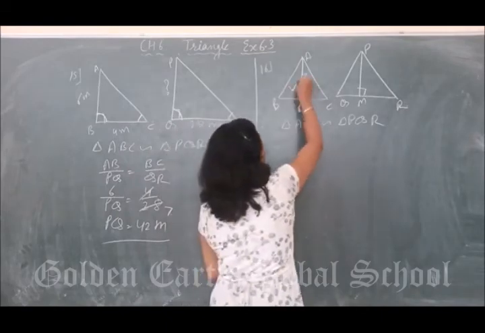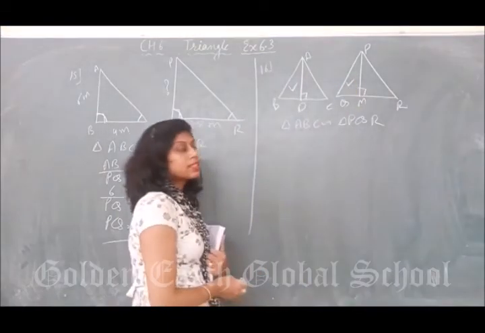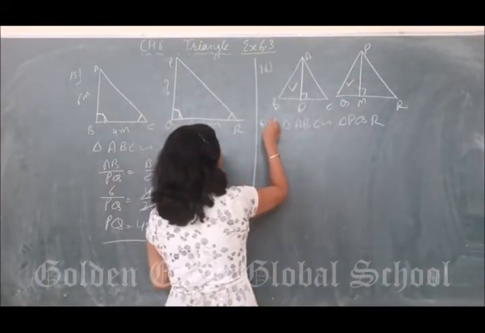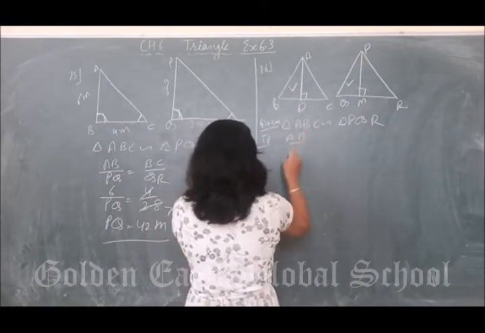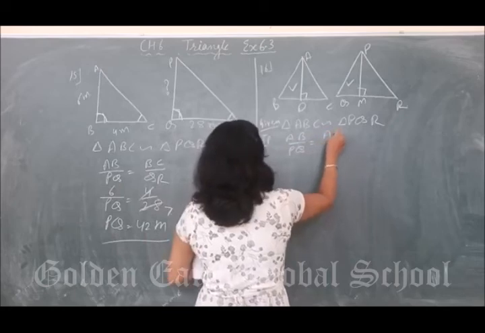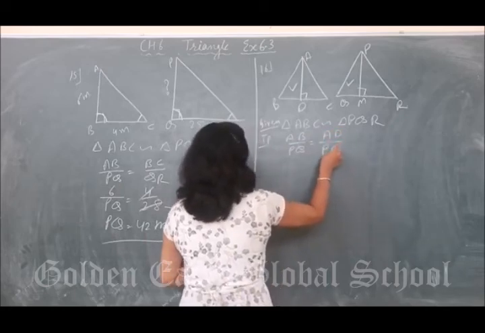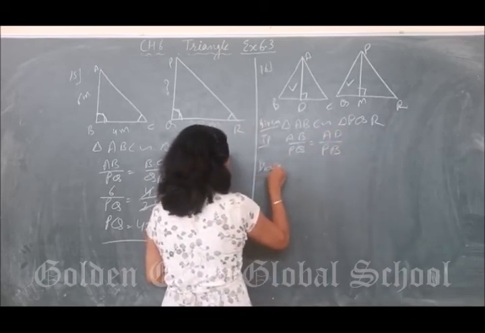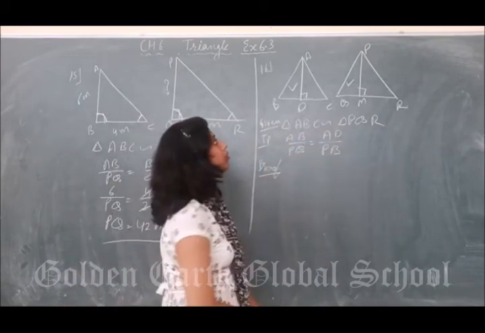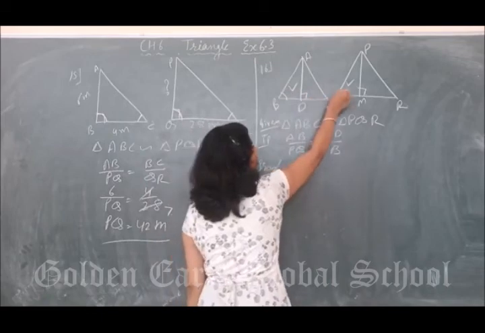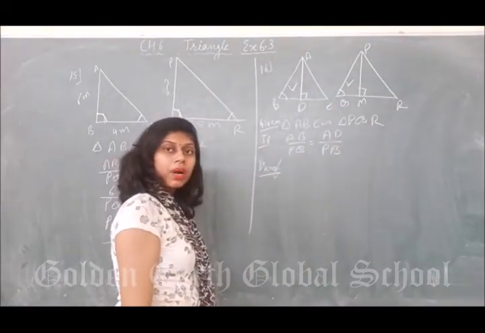So we need these two triangles to be similar. So this is given. Write down: to prove AB upon PQ is equal to AD upon PM. Proof: these two triangles are similar, so we can say angle B is equal to angle Q, corresponding parts of similar triangles.